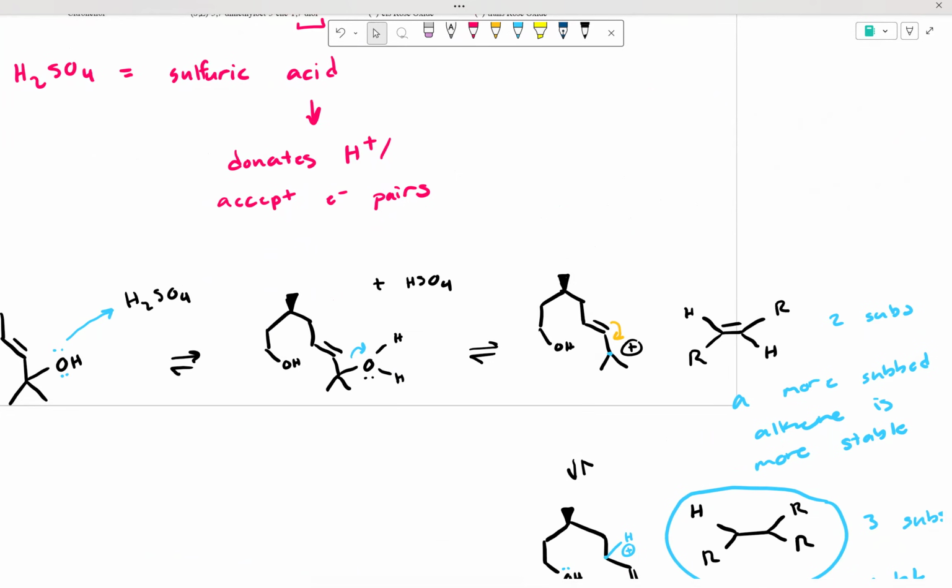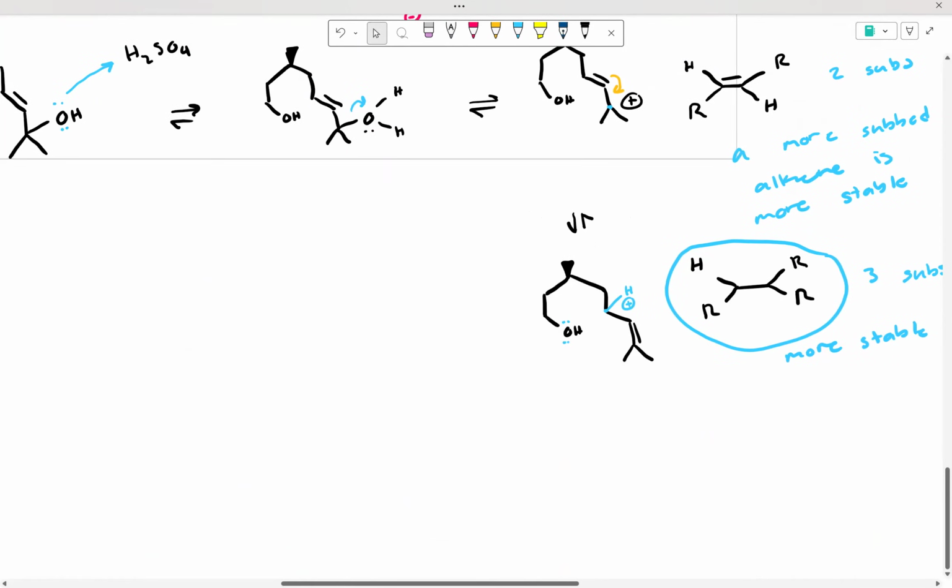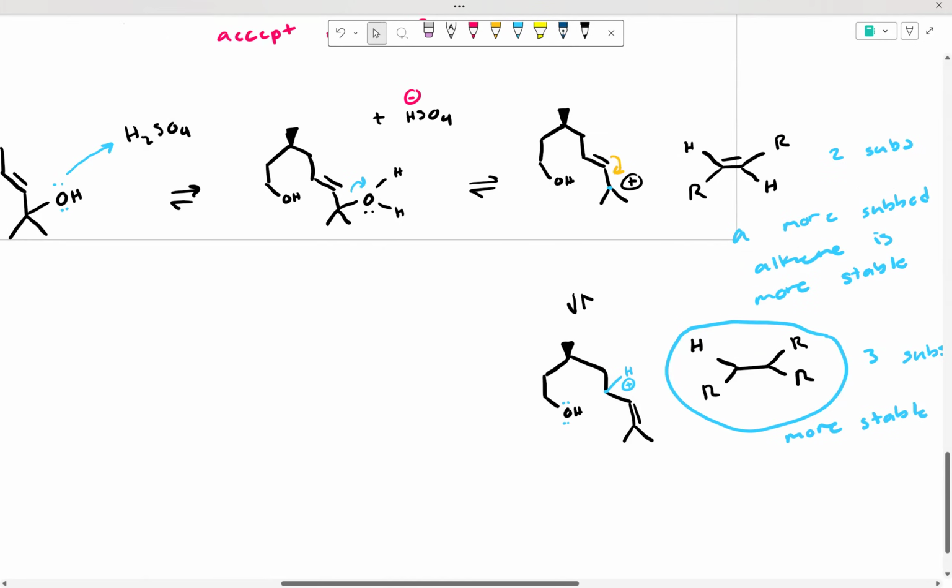Sulfuric acid, after it uses one hydrogen, becomes a hydrogen sulfate with a negative charge. Once a strong acid uses a hydrogen, it becomes a weak base.